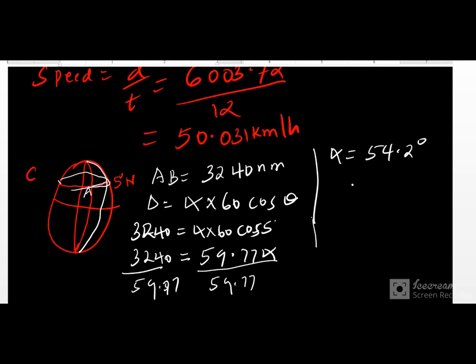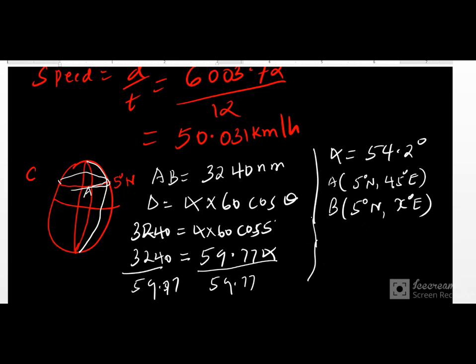Since it is going to the east, we have A, which is 5 degrees north, 45 degrees east. Then B is 5 degrees north, x degrees east.